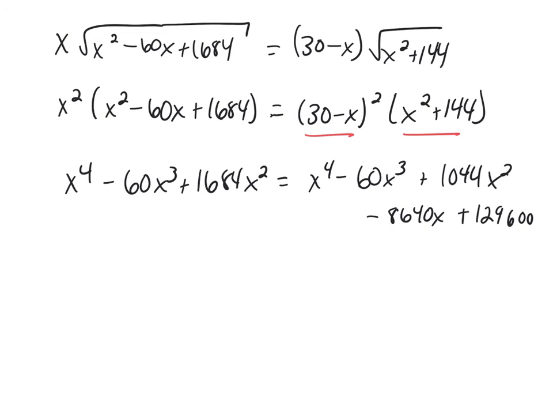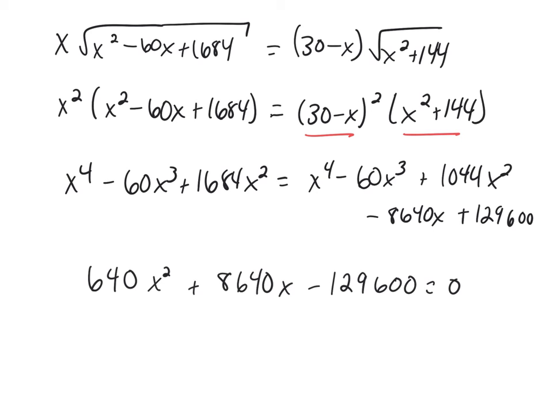And if you move all the terms over to the left-hand side, you should be left with 640x squared plus 8,640x minus 129,600.